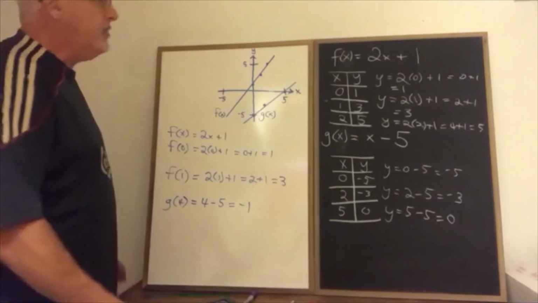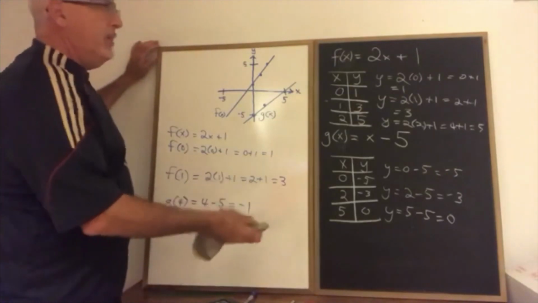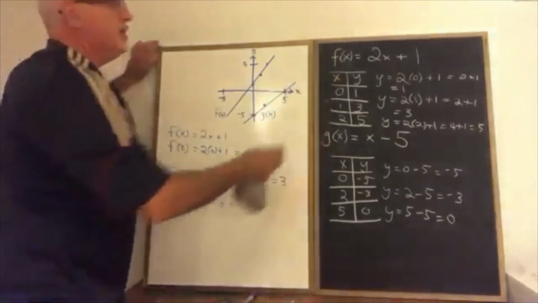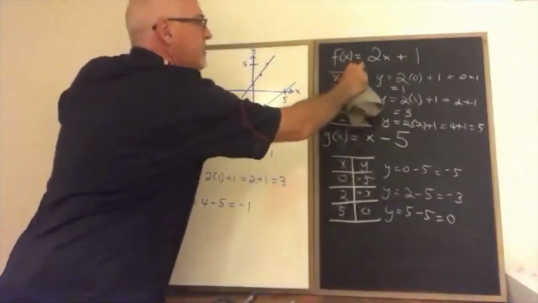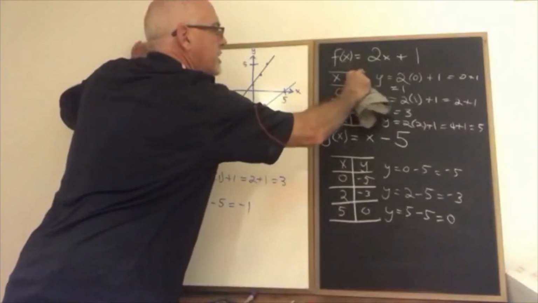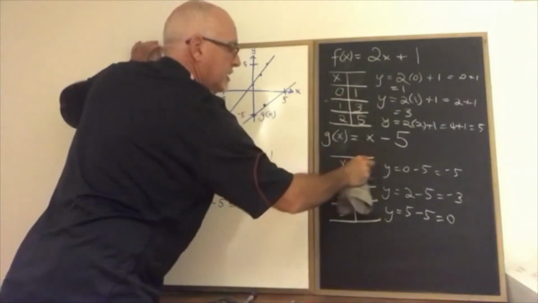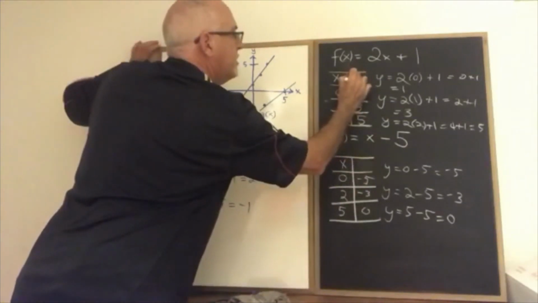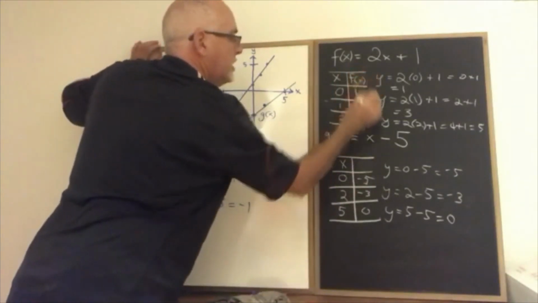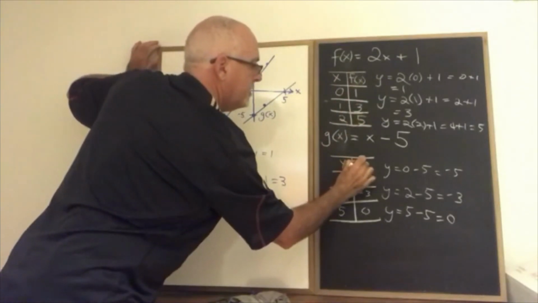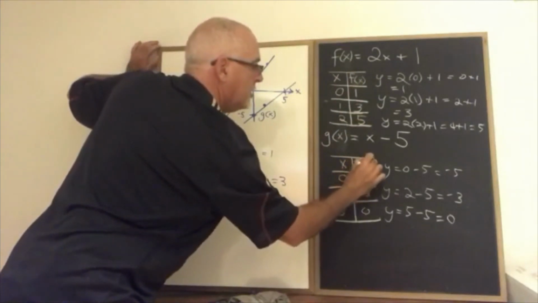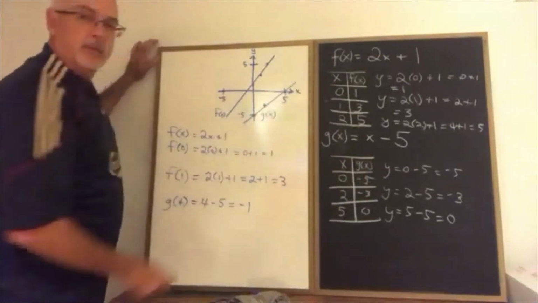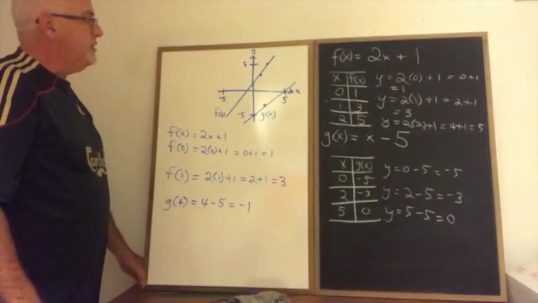And one more thing, I've renamed my functions, so I'm not using the y anymore in the equation, but I still have y's here in my table. I can remove those y's, and I can write f of x here. But I'll write g of x here. This is commonly done in tables of values when you're using functions language and functions notation.